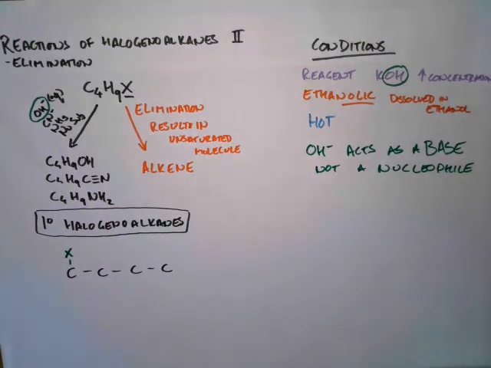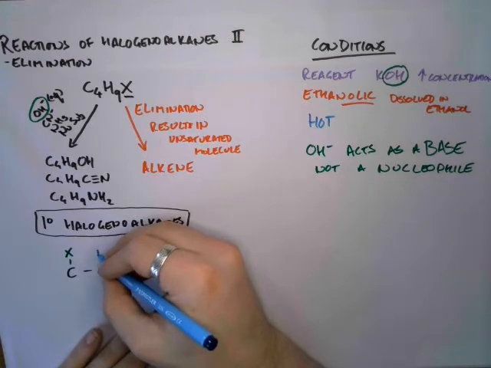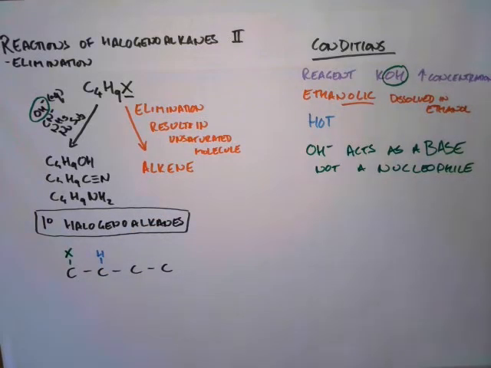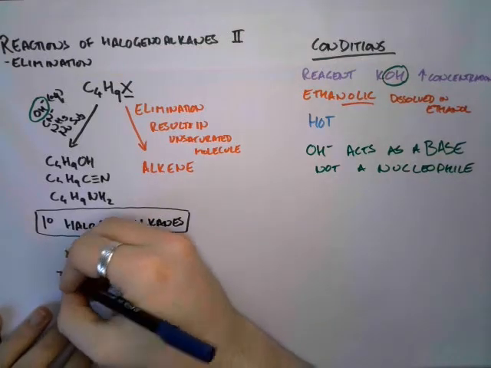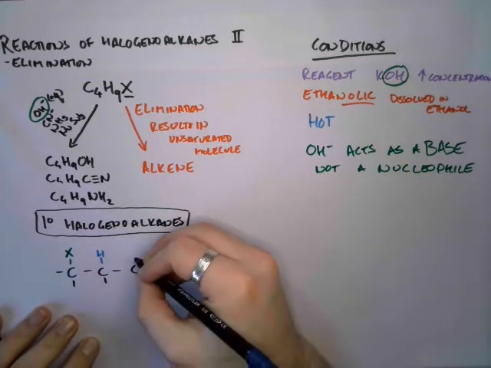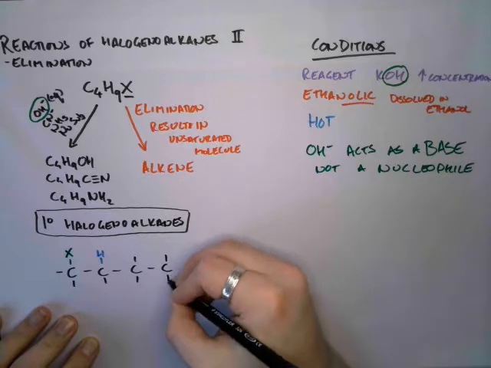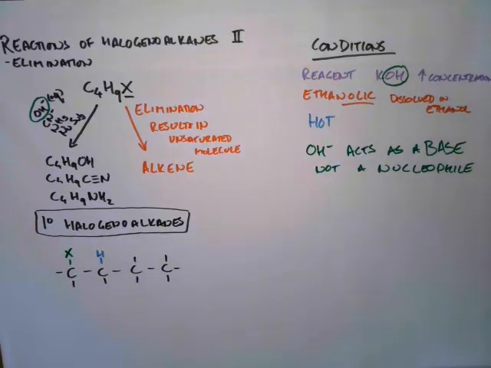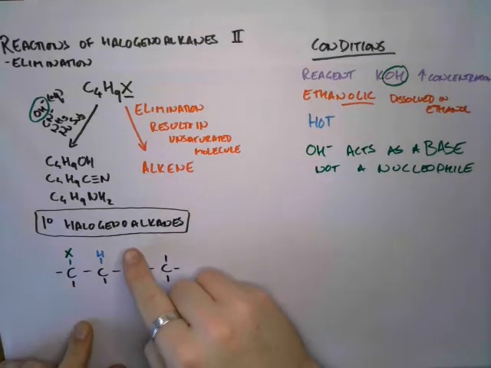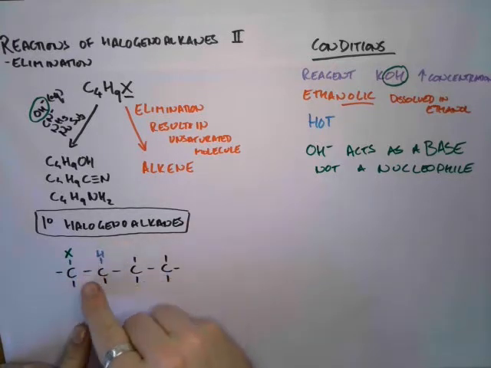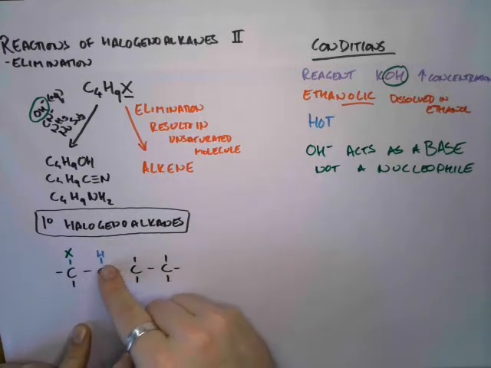I'm going to use blue to highlight a specific hydrogen, and for the clarity of the video, I'm going to leave these bonds open so you can see where the other hydrogens would be. So this would be all your hydrogens. This is my hydrogen on this carbon that I'm going to be looking at.